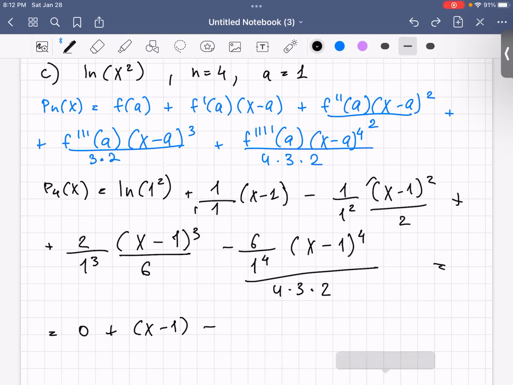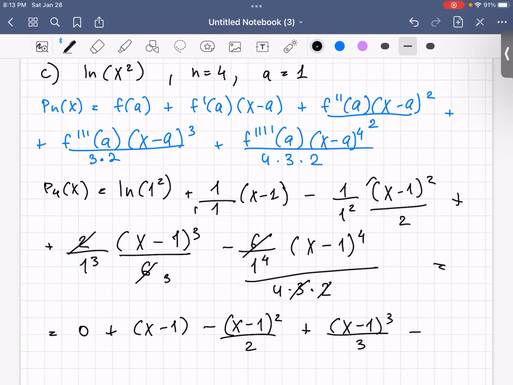So x minus 1 squared over 2 plus, this is going to cancel out to 3, which is going to give us x minus 1 cubed over 3 minus, 6 and 6 are going to cancel. So it's going to give us x minus 1 to the power of 4 over 4.